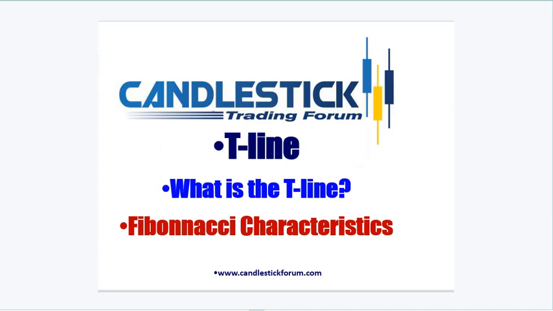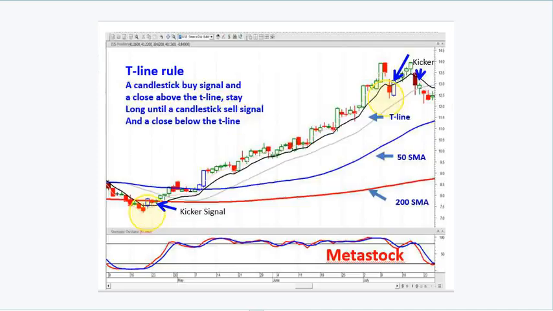Now, if you add the T-line, which acts like a natural support and resistance level of human nature, you combine those two, and you've got a very simple T-line rule. If you see a candlestick buy signal and a close above the T-line, you stay long until you see a candlestick sell signal and a close back below the T-line.